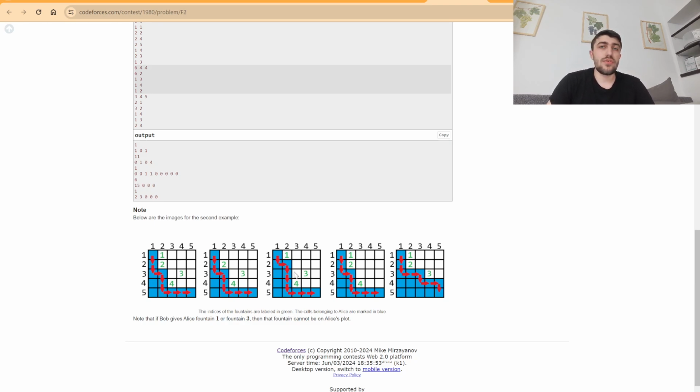So now, in essence, what we want to do is to see how much improvement we get out of removing that fountain below, and how much improvement we get out of removing that fountain above. And while the first part can be computed rather easily, because we know how much we would have had if not for that fountain, and also for that fountain, the second part can be a bit tricky.